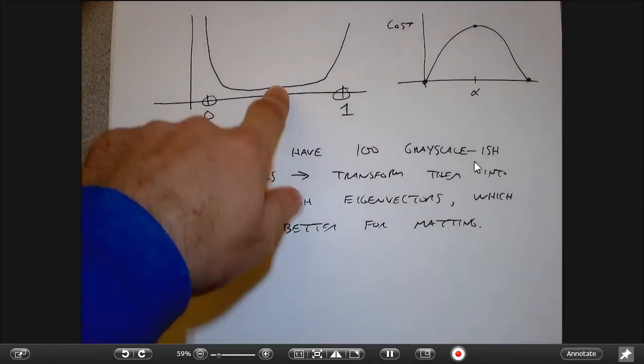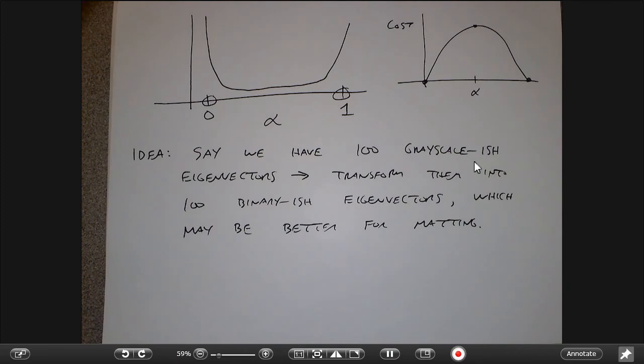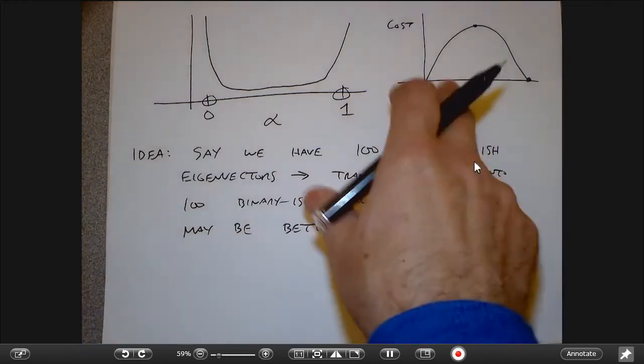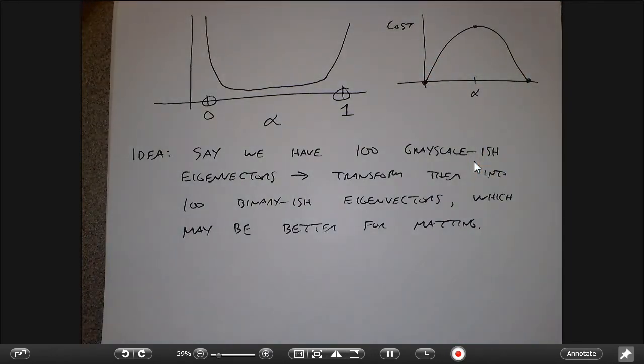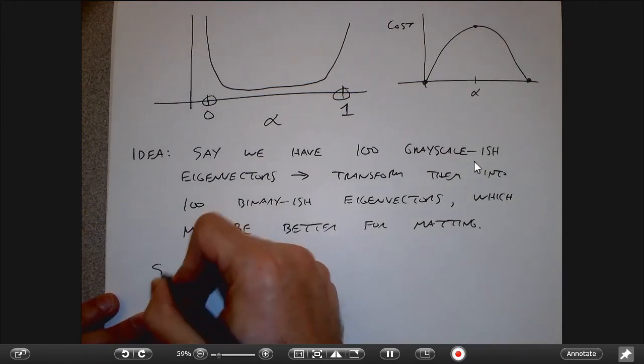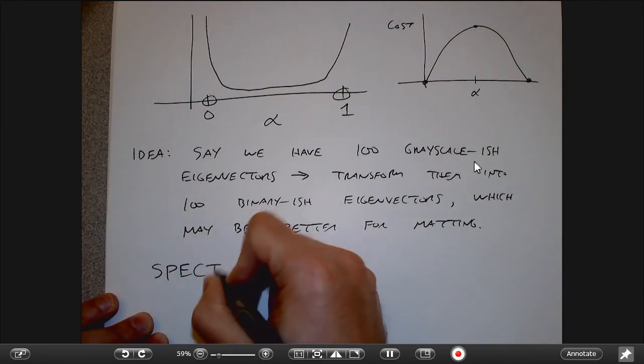So it's like taking this picture and inverting it, so that fractional alphas have high cost. Then I can minimize the sum of the alphas in these transform mats to have as low cost as possible. And this is an idea that they called spectral matting.